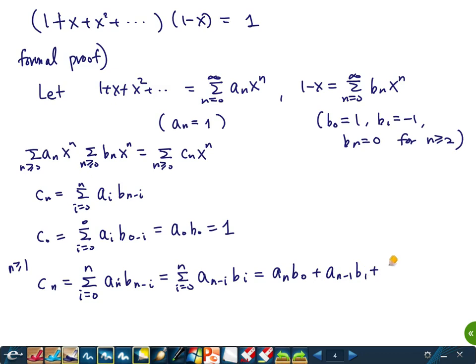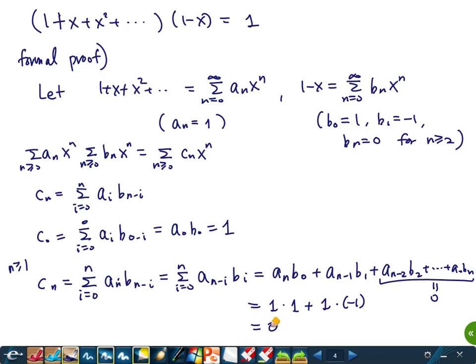Let's expand this. So we have an expansion like this up to a0 bn, but these are all zeros. But now what is an? 1. b0, 1. a(n minus 1) is always 1. What is b1? Minus 1. So 1 minus 1 equals 0.